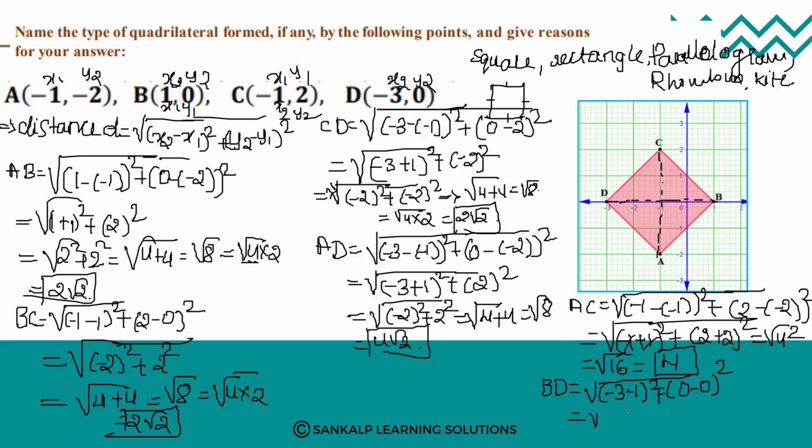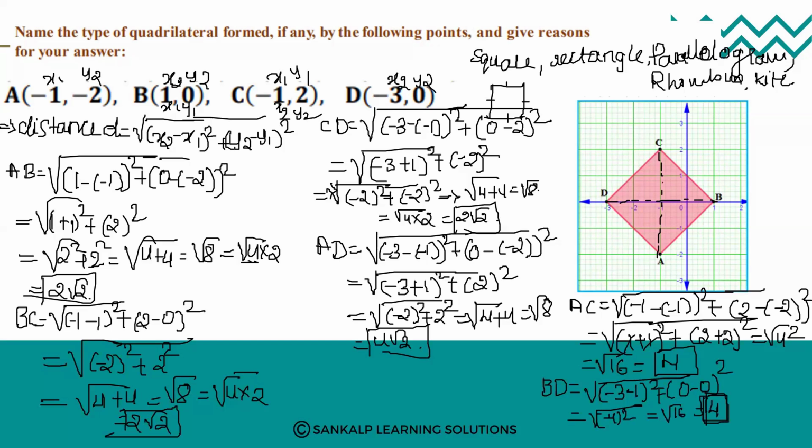So minus 3 minus 1, it is minus 4 whole square and 0 minus 0 is 0 only. So root 4 square is root 16, root 16 value is 4. So here also you are getting 4. That means diagonals AC and BD are equal.